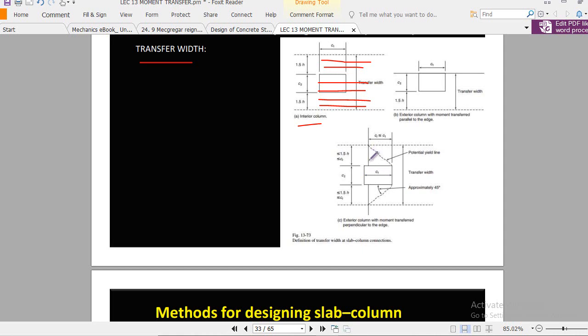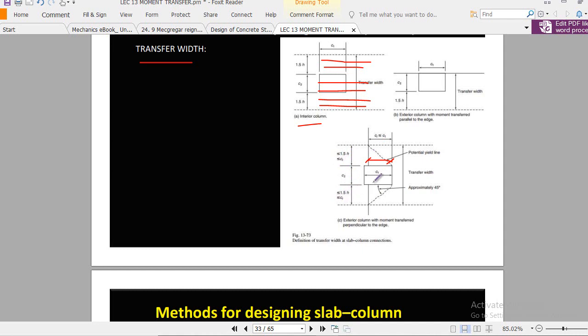And this distance is CT, right? If CT is less than C1, then according to the ACI code, C2 plus this side 1.5 H or CT. If CT is less than 1.5 times H, then use CT, okay? Just add CT. And similarly in this case as well, right?